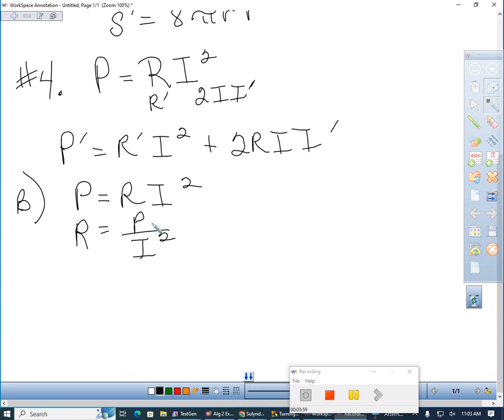We can either do the quotient rule, the way it is, having P constant, or we can move I squared to the top and say I to the negative 2. So we're going to say R equals P I to the negative 2. So my derivative would be R prime equals, bring my negative 2 down, negative 2 P I to the negative 3 I prime.